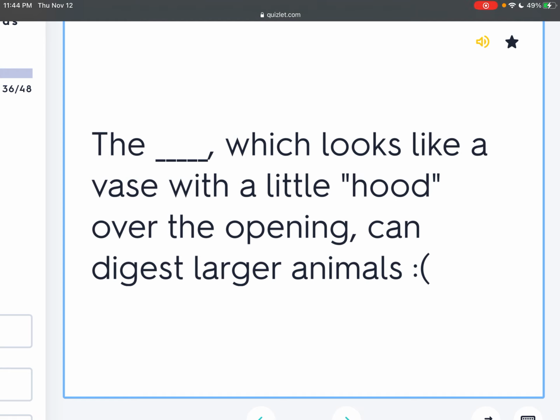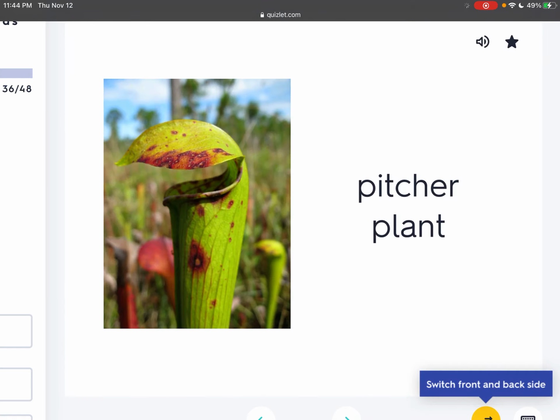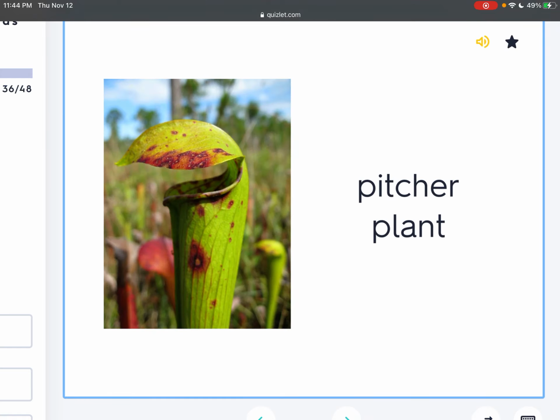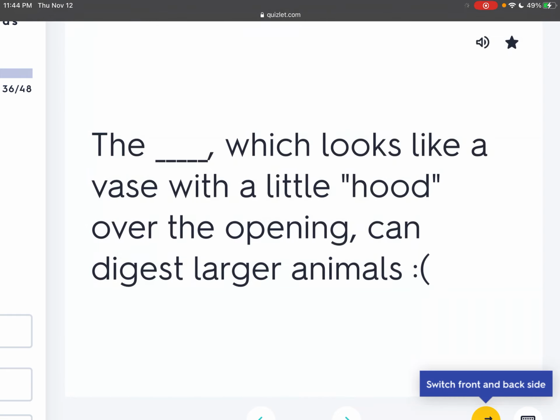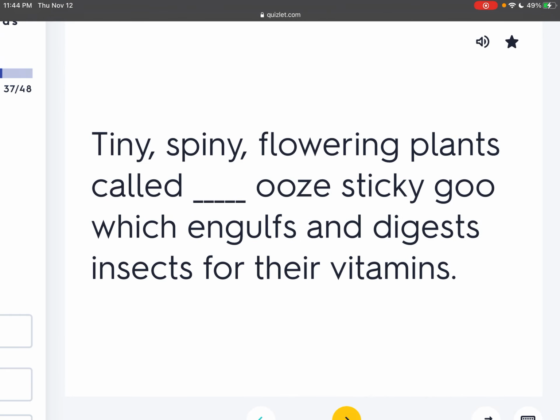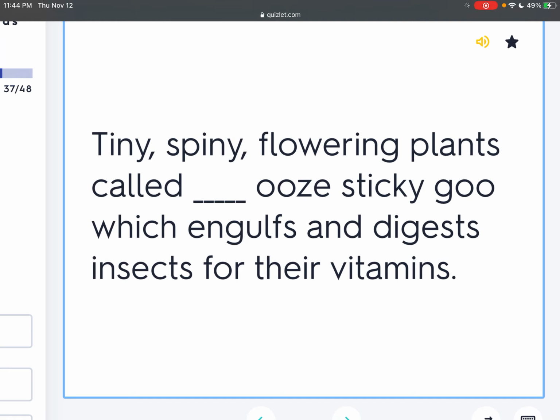The blank, which looks like a vase with a little hood over the opening, can digest larger animals. Pitcher plant. Tiny, spiny, flowering plants called blank, which engulf and digest insects for their vitamins.